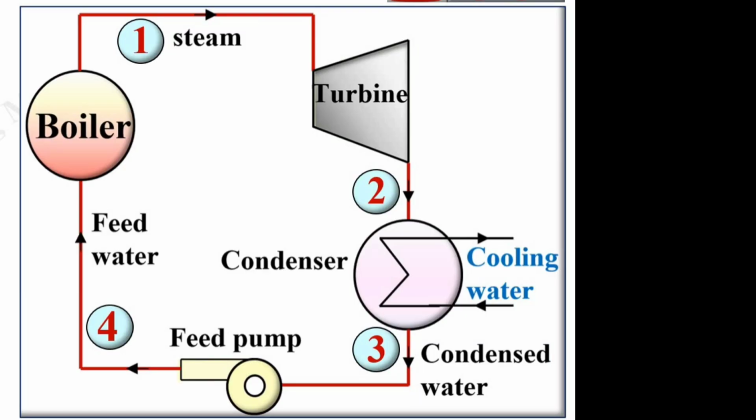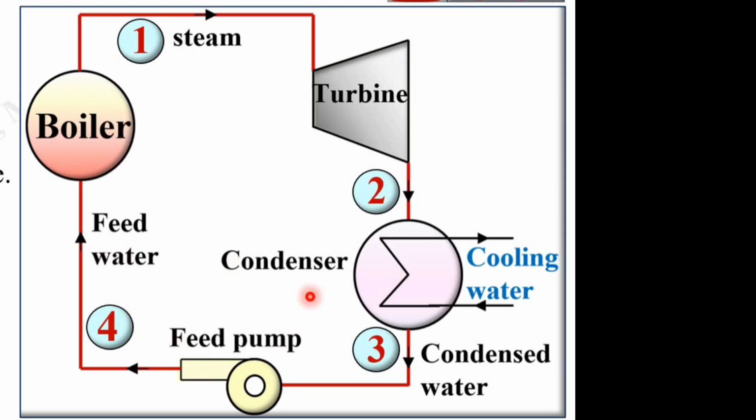Now the definition of the Rankine cycle. The Rankine cycle is a closed cycle in which water is heated into steam by using the boiler, then it is expanded in a turbine to produce work, then again it is condensed back to water for reuse.